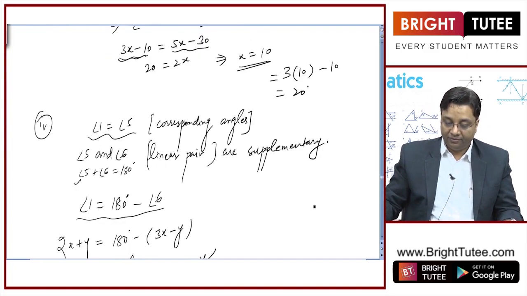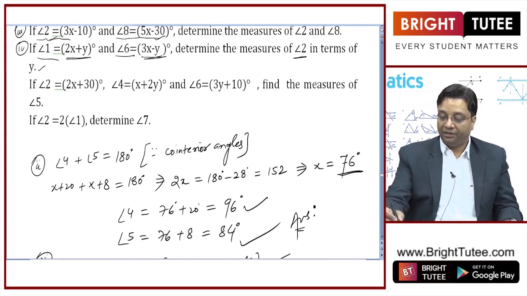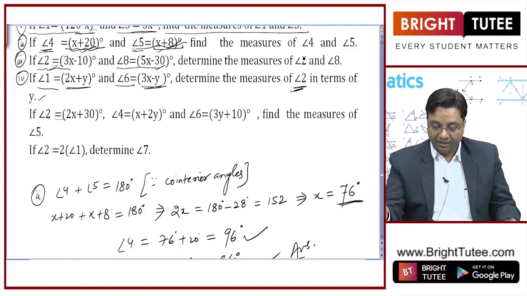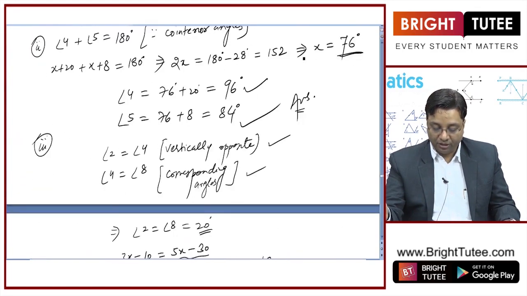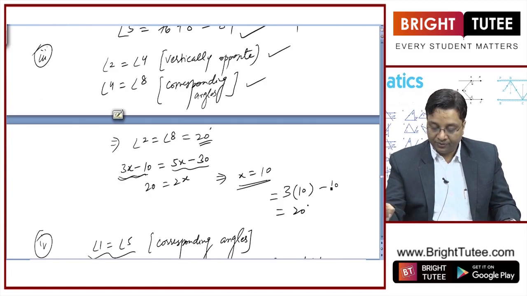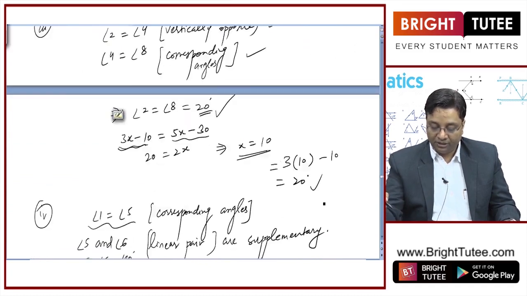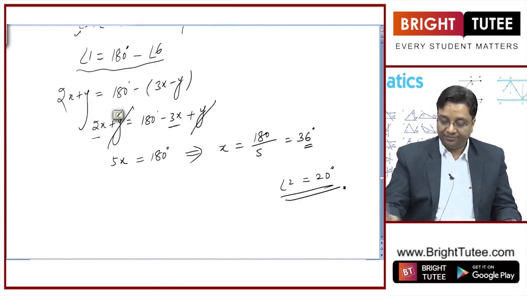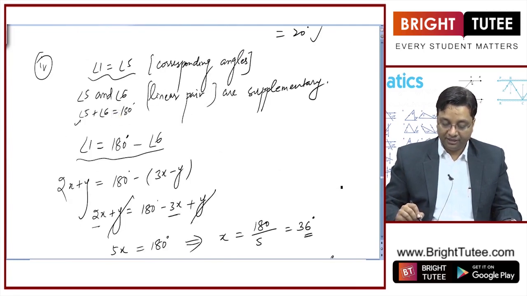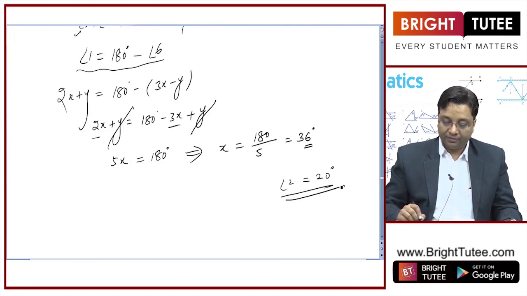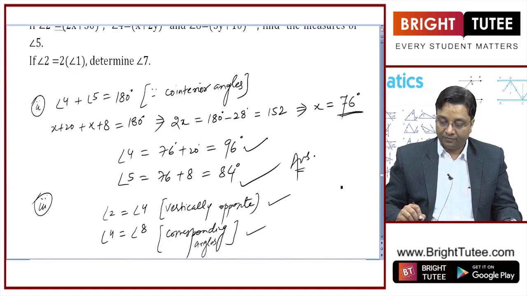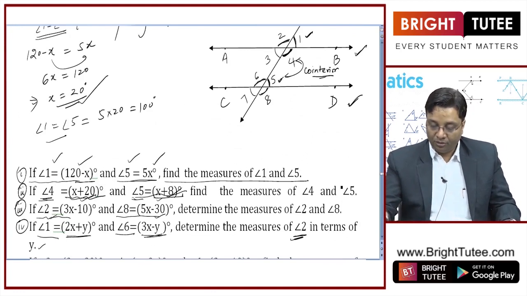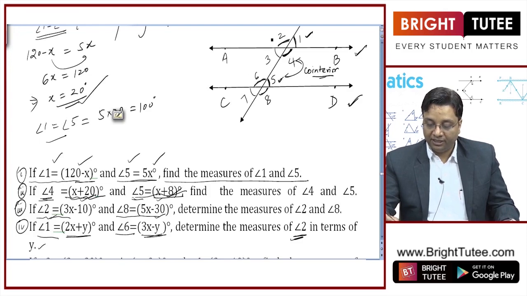I need to find value of angle 2 in terms of y. Okay, what is angle 2? Let us look at the angle 2 now. Angle 2 is equal to 20 degrees. Other thing what I can say here is, from this figure, angle 2 and angle 6, how are they related?